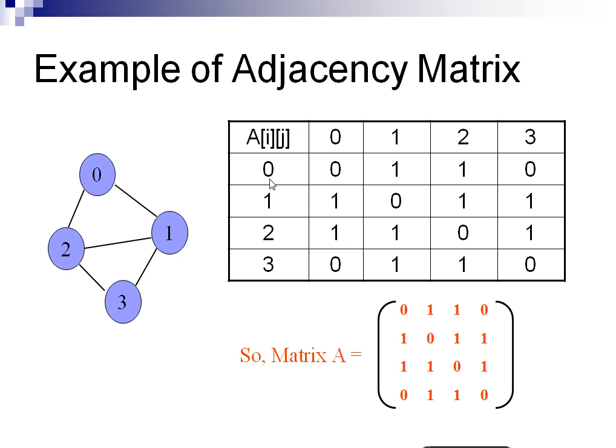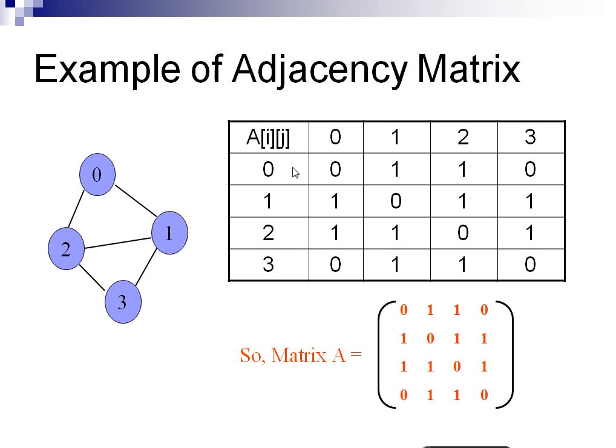So see here, you can see from vertex 0 to vertex 0. Okay, so this row and this column is 0 since it doesn't have a self loop. From vertex 0 to vertex 1 there exists an edge, so we simply wrote here 1. Let us see if there exists an edge between 0 to 2.